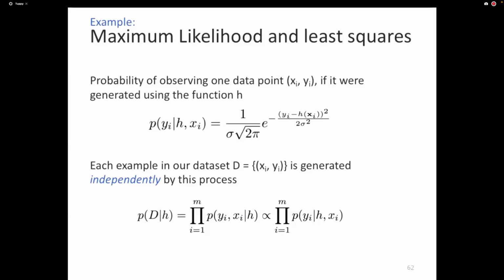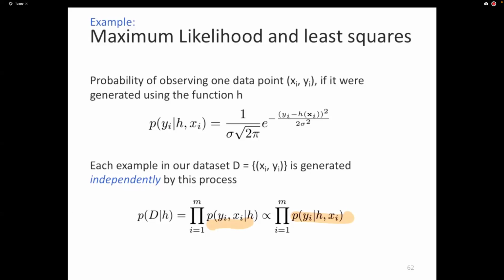That's simply because these m examples are independently sampled, it's simply the product of P of y comma x given h. Y comma x corresponds to one data point. And it turns out that's proportional to P of y given x, and then there's a P of x, which we assumed was independent, uniform. So that term doesn't show up.